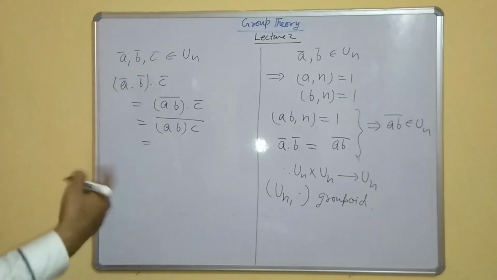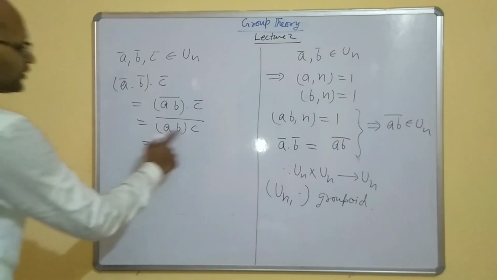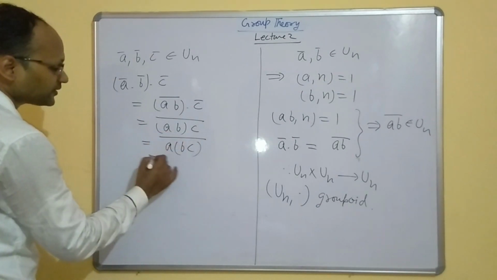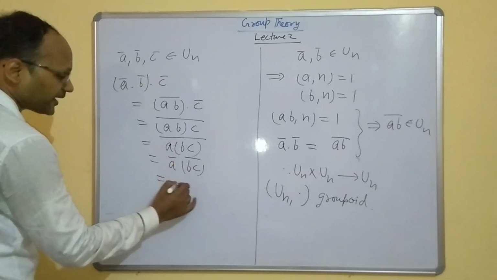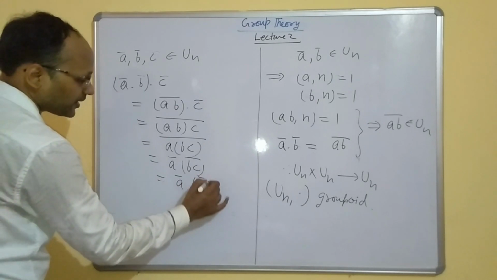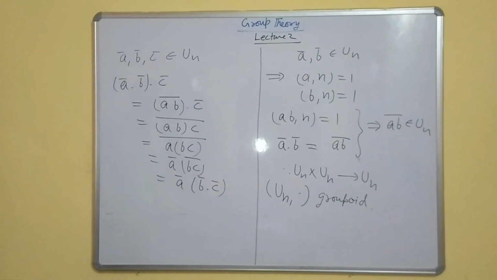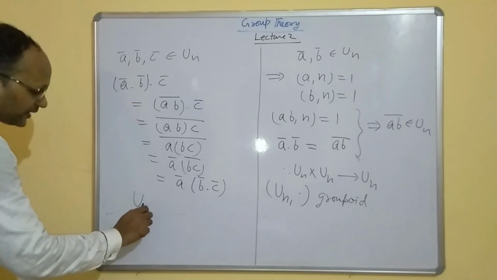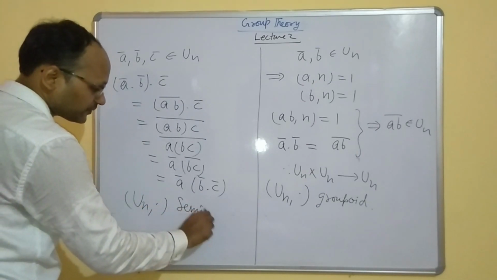But a, b, c are natural numbers and the product in natural numbers is associative. So you may write it as a into bc whole bar, that is a bar into bc whole bar, and that is a bar into b bar into c bar. This is true for all a, b, c in Un. So Un with respect to this dot is a semigroup.